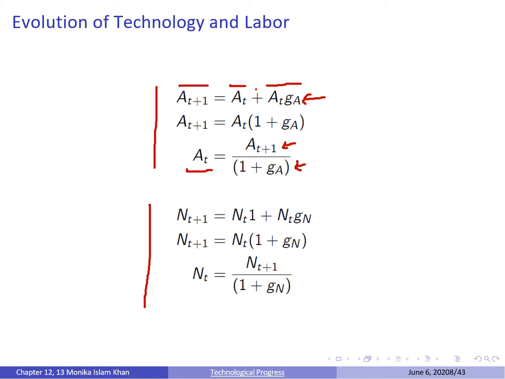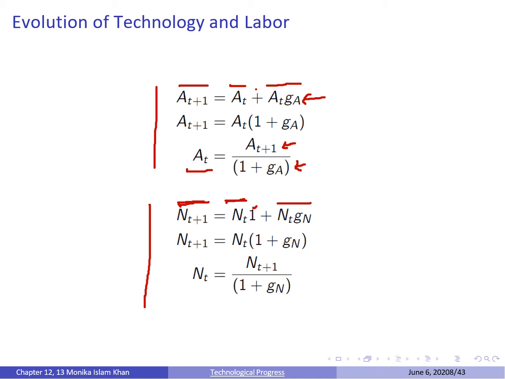You can do the same for evolution of labor. So this equation here tells us that your labor supply at time t plus 1 is equal to labor supply at time t. I'm sorry, this is a typo. Labor supply at time t plus 1 is equal to labor supply at time t plus the amount that your labor supply grew at time t.